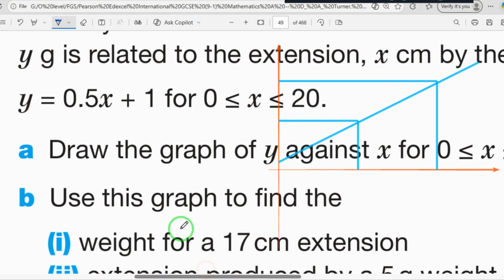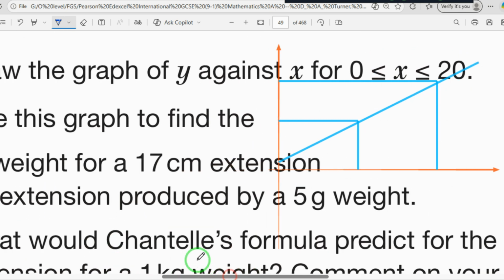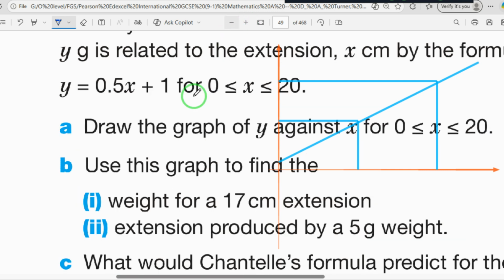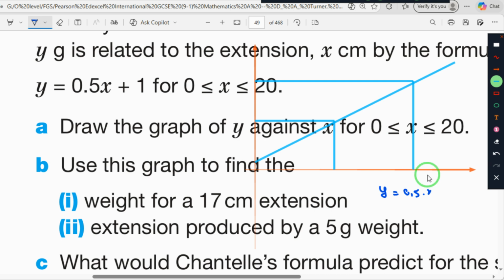Now we check by the question, is it right or wrong? Here we have the question that said the weight for a 17 centimeters extension. We have the equation. I count here y is equal to 0.5 multiplied by x plus 1.